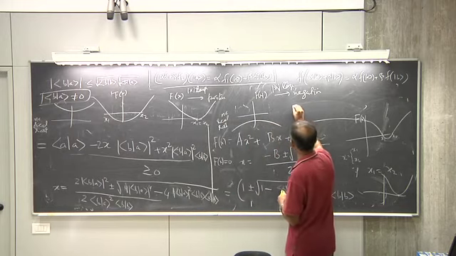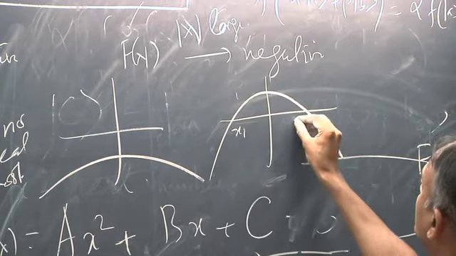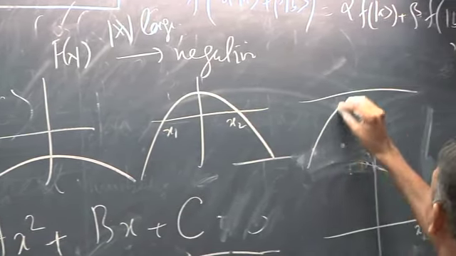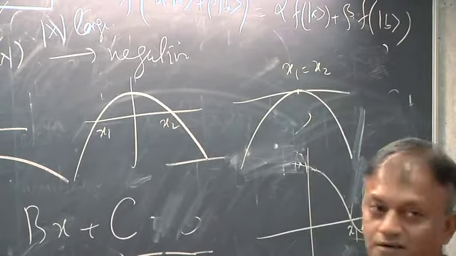If we have two real roots, x1 and x2, then the picture would be like this. And finally, if the two roots coincide, the picture would be like this. This is when x1 equals x2, right?